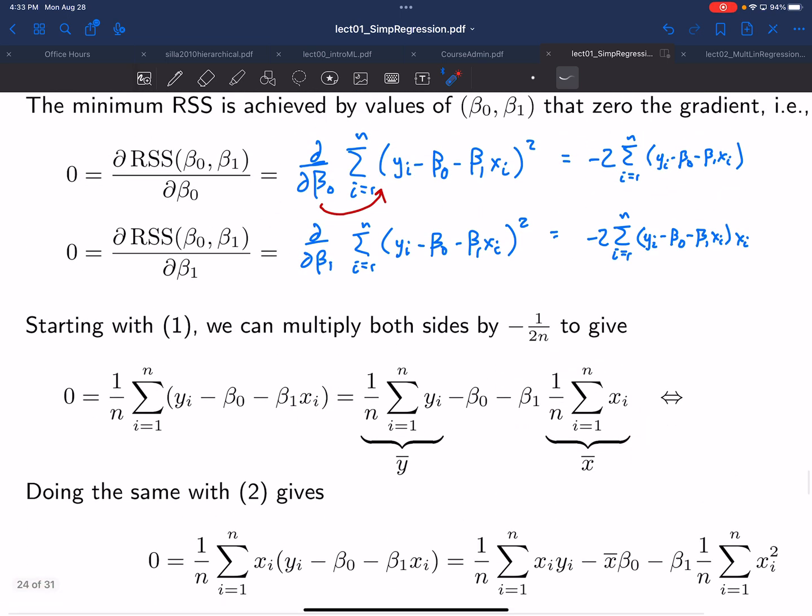Immediately we see that this is y bar, the mean of y, and this is x bar. So this is where we get the simple expression we saw on the previous page: beta 0 is y bar minus beta 1 x bar. All I did there is move minus beta 0 to the other side, and I got beta 0 equals y bar minus beta 1 x bar.